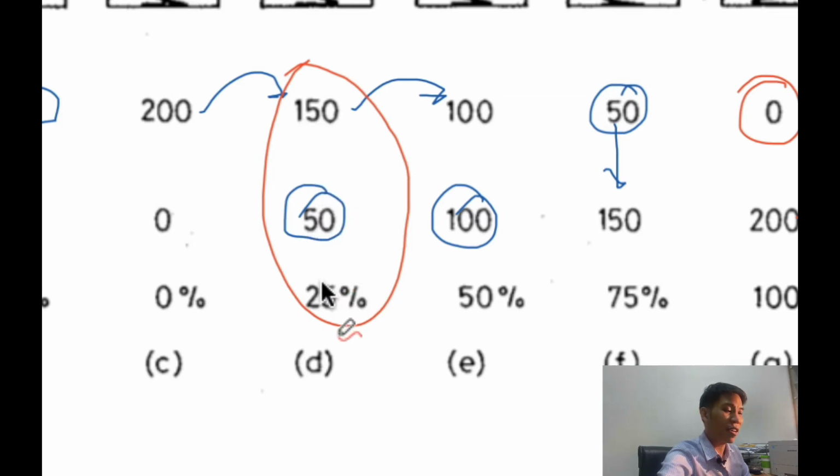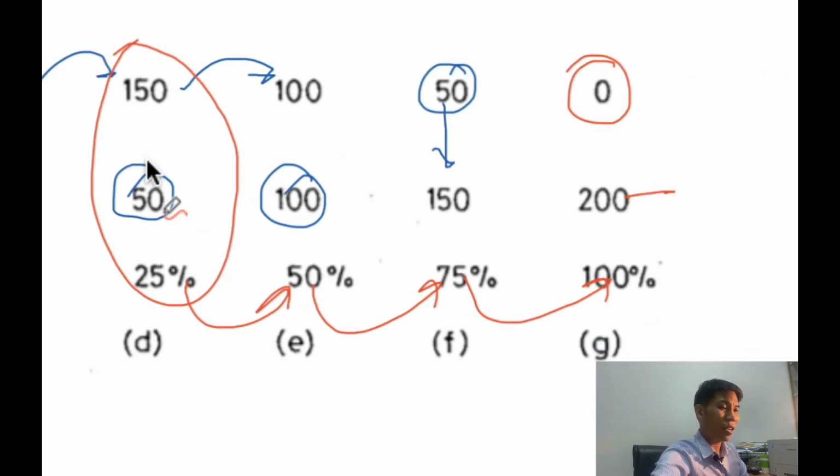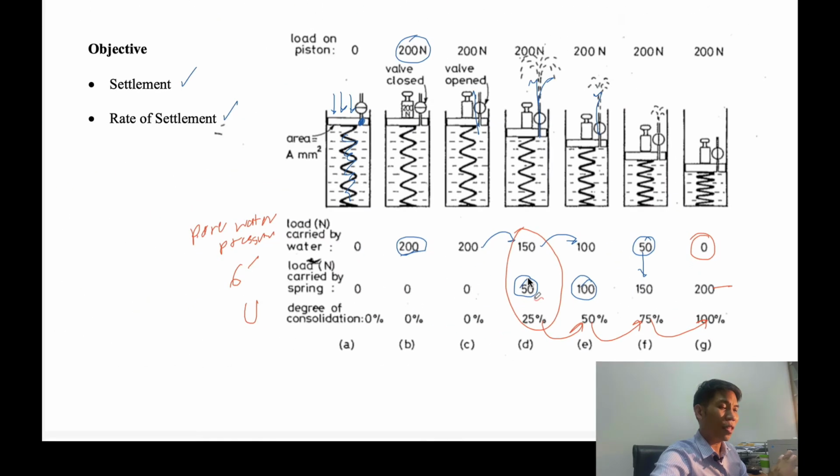So that means the degree of consolidation is 25 percent. For the last one, you can see that the degree of consolidation will increase from 25 to 50 to 75 and finally to 100. So you can see from this the values that we would like to know from this test.